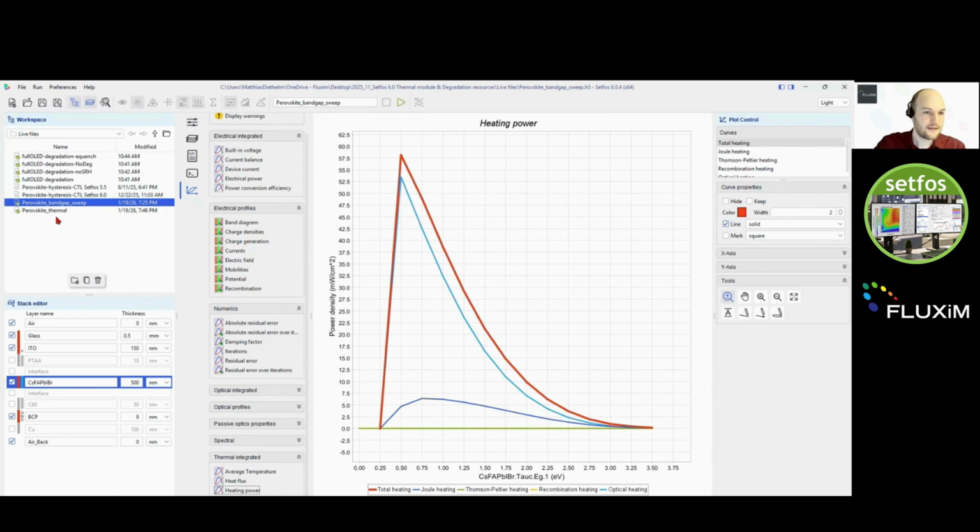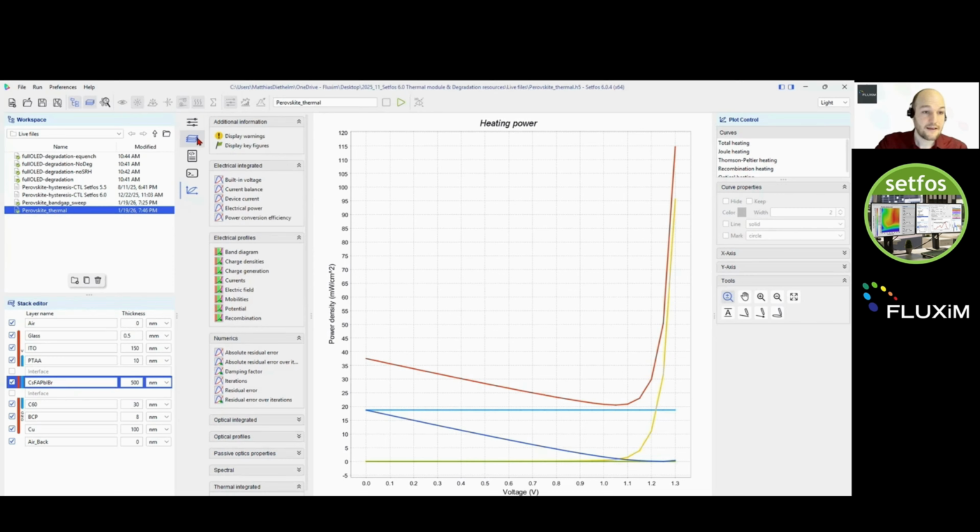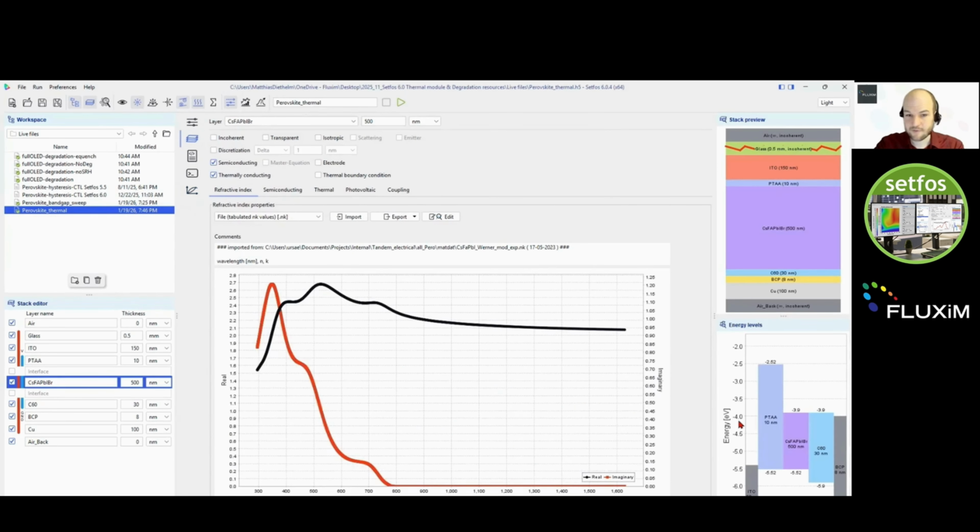So if we have a look again at the full model at a higher band gap of 1.6 eV, you see again the transport layers simulated and injection barriers, along with some Shockley-Read-Hall recombination.